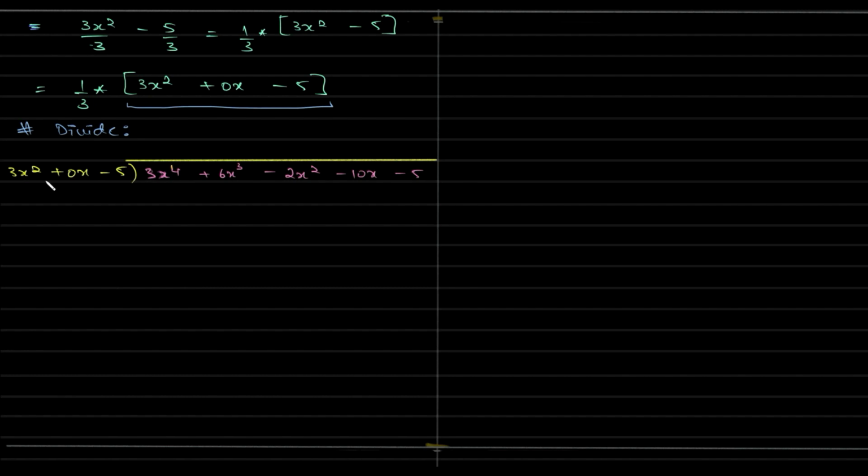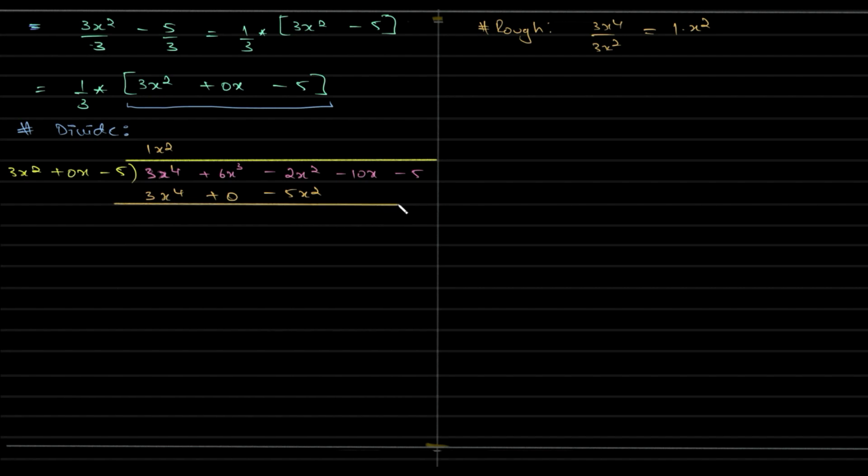3x to the power of 4 divided by 3x square. Let's have a rough space. 3 divided by 3 is 1, and x to the power 4 divided by x square is x square itself. So we have 1x square. If you multiply 1x square with all of this, we have 1 into 3 is 3x to the power of 4, next a 0 term, next minus 5 into 1 is minus 5x squared.